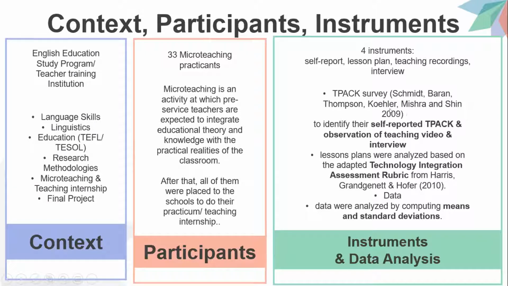There are 4 instruments, but the most important thing I should highlight is that for the survey, I use the survey framework by Smith, Barron, Thompson, and Kohler to identify the self-reported impact. This is also used as the rubric for the observation of the students' teaching video and interview. And then the technology integration assessment rubric by Harris et al. in 2020 is used to assess their lesson plan for the micro teaching. Okay, now let's move on to the findings.